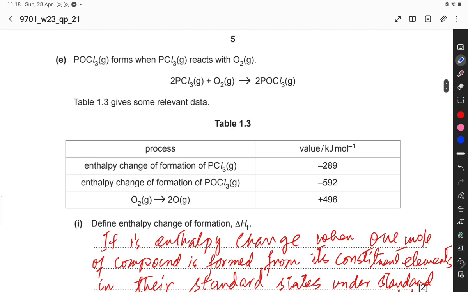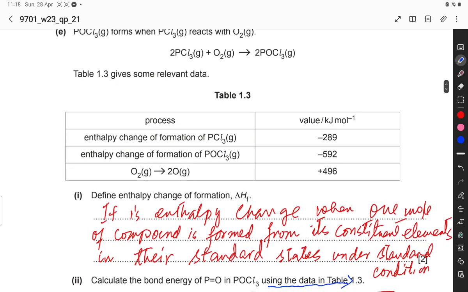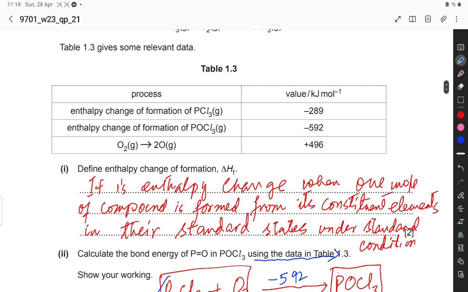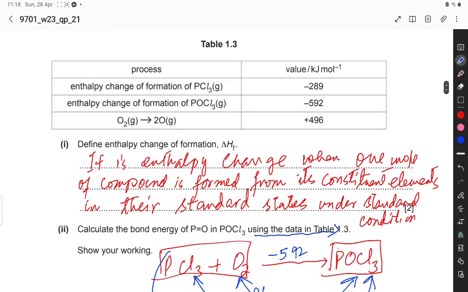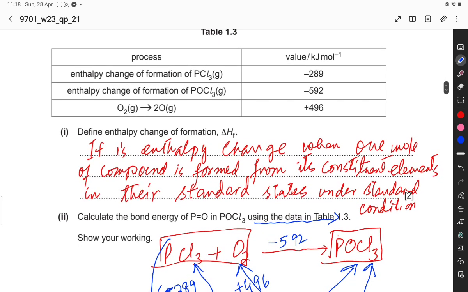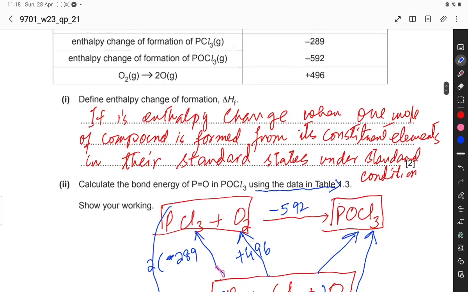Next question: POCl3 forms when PCl3 reacts with oxygen. PCl3 plus oxygen to form POCl3. Table 1.3 gives some relevant data. The enthalpy change of formation of PCl3 is minus 289. The enthalpy change of formation of POCl3 is minus 592.